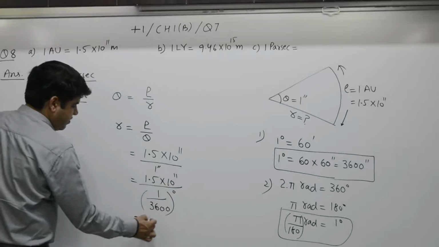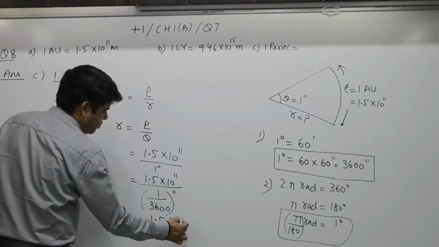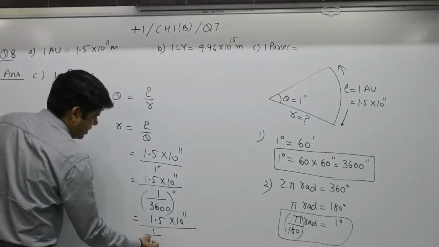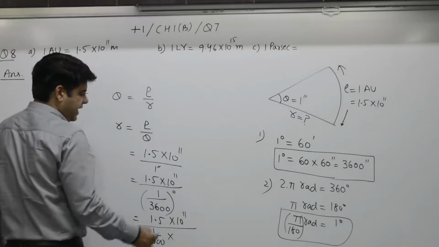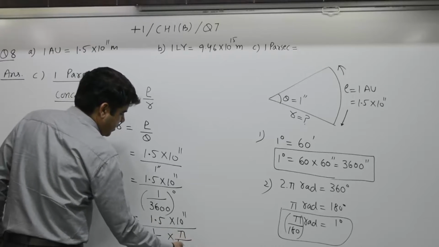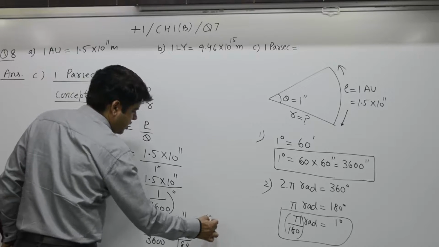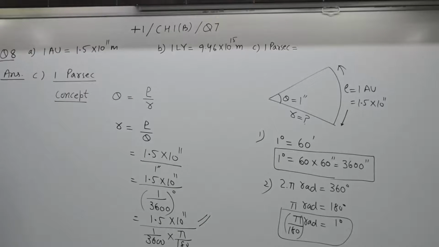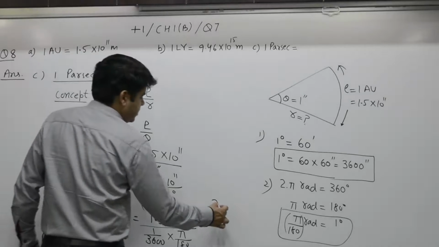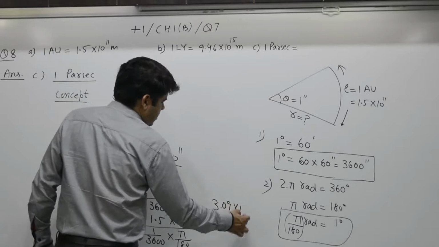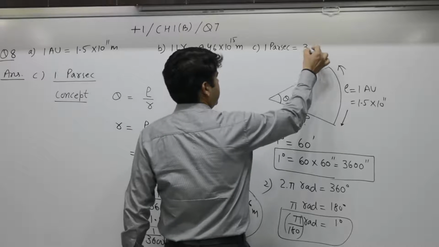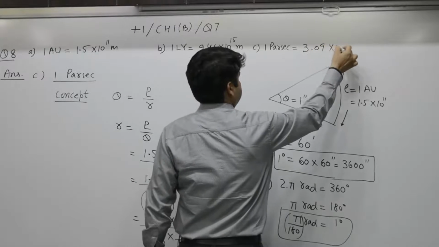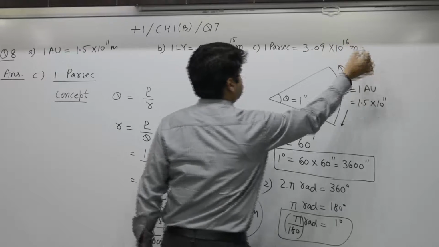Then, 1.5 into 10 raised to power 11, times 1 by 3600 into 1 degree. 1 degree is equal to how many radians? Pi by 180. Solving, it comes out to be, I am writing only the result, 3.09 into 10 raised to power 16 meters.